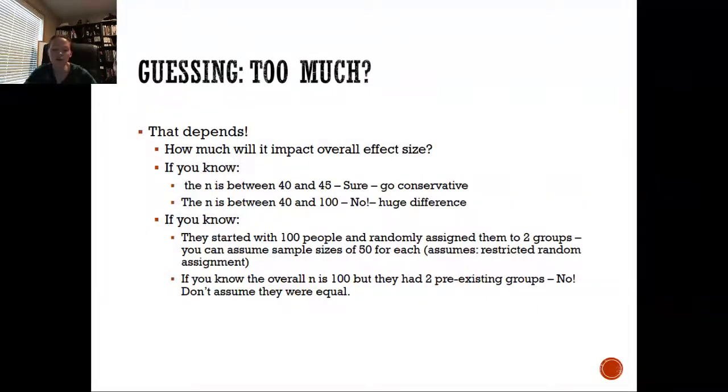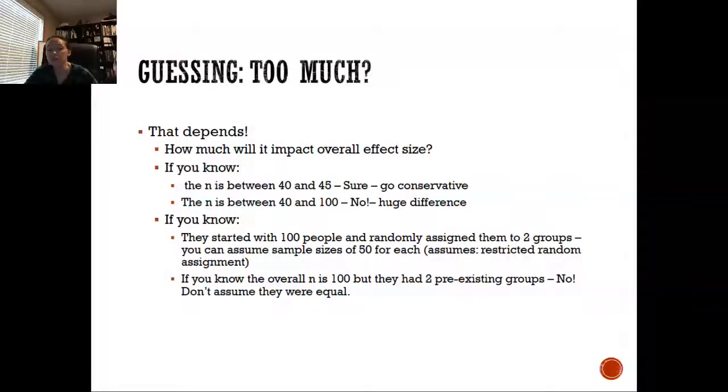So go with 140 and it'll underestimate the effect size a little. 146 is going to overestimate the effect size if it's somewhere in that range. So again, if they're reporting a small range from 140 to 146, a difference of 6 participants, then sure, that much guessing is okay in that instance.